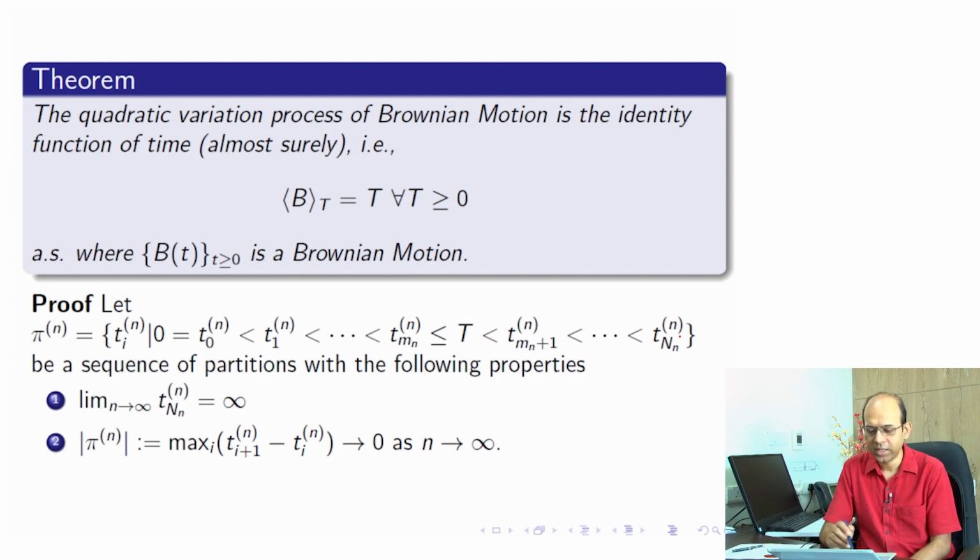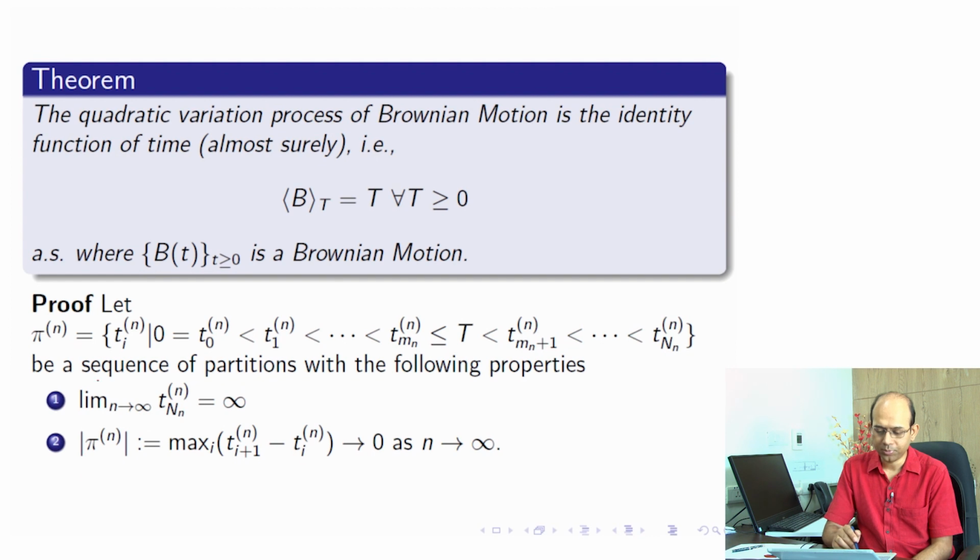The superscript bracket n indicates that the point is coming from the nth partition pi n, and the subscript determines the order or index of the time inside that partition.